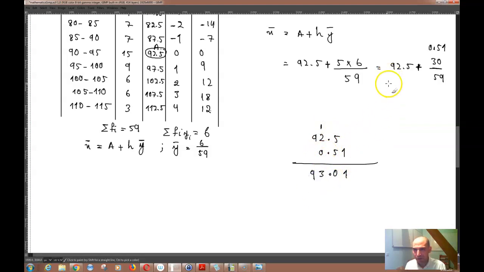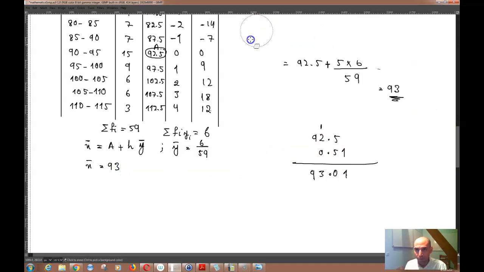So I take it as 93. So your x bar is equal to 93. Now let me check with the answer here, and if that's the correct answer, we will move on. 93 is the mean of the data. So x bar is equal to 93.